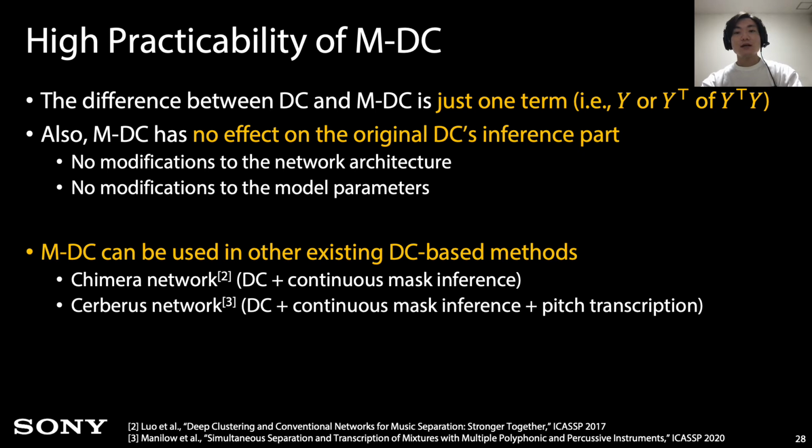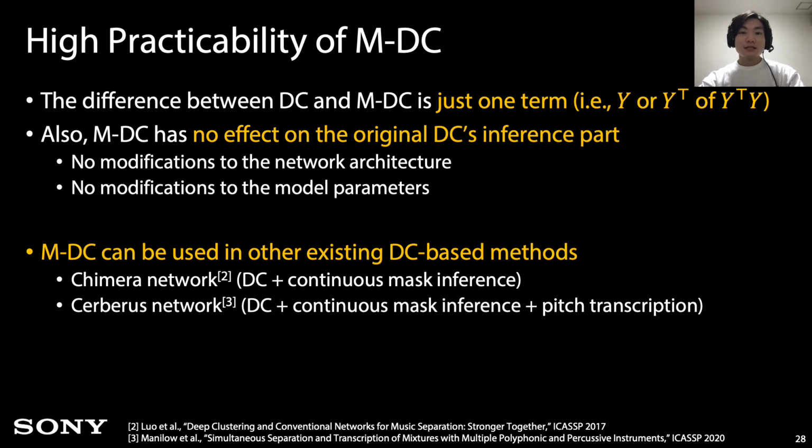MDC has another powerful characteristic, its high practicability. The difference between DC and MDC is just one term. In other words, the difference is in matrix Y or its transpose.